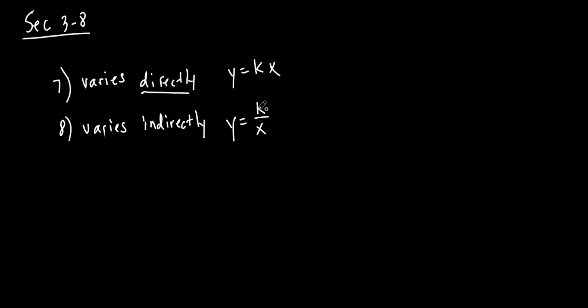Good. All right. So number 9 and 10. It's that joint variation. So it varies directly and indirectly.